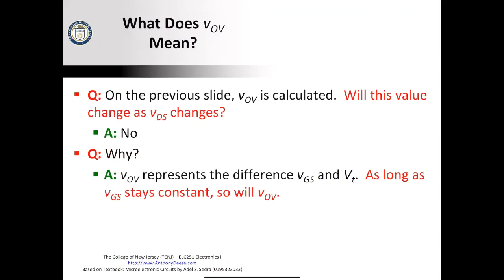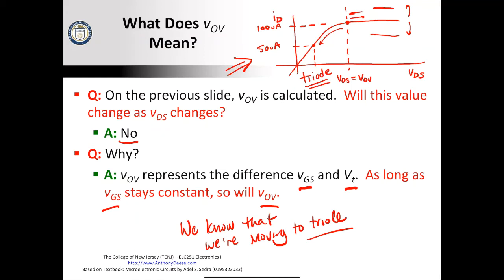So I'm going to go back to this picture right here. At this point, VDS was equal to approximately 215 millivolts. We solved for two different values of VDS in the second part. One was 390, and the other was approximately 6 millivolts.